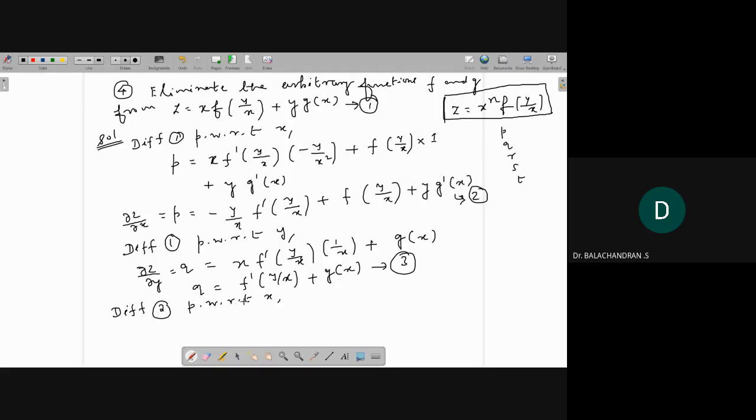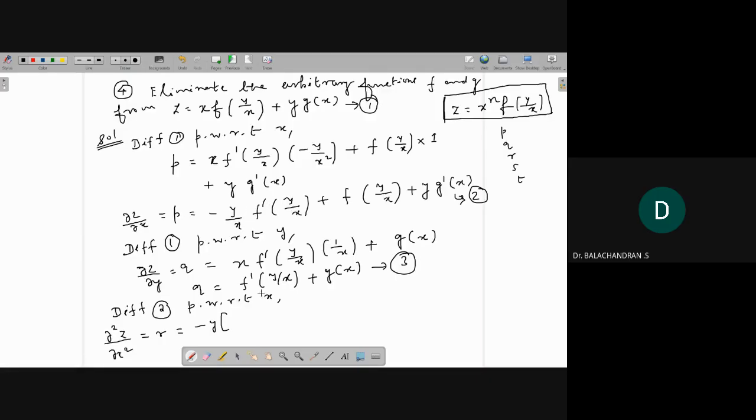If you differentiate partially with respect to x, you get dou square z by dou x square, that is r. Okay, so I'll take minus y commonly. Remaining you have 1 by x into f dash of y by x.